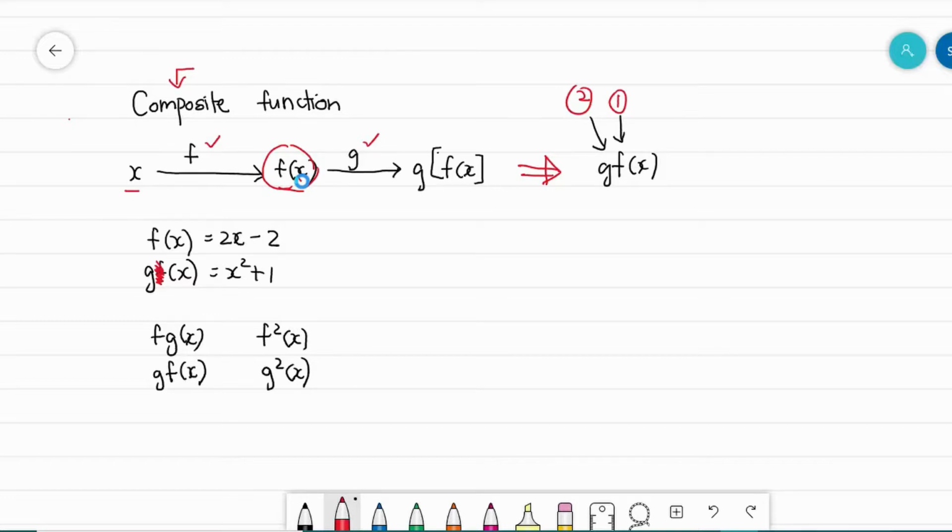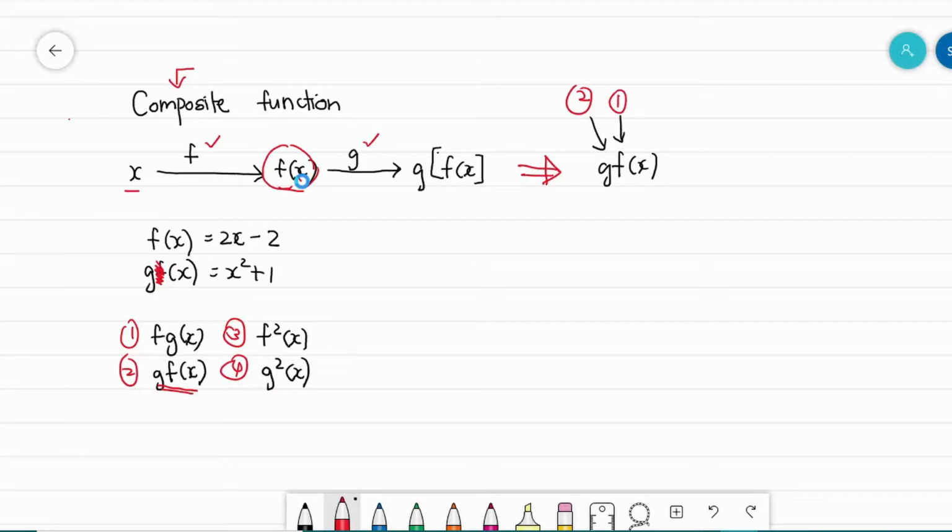They can either ask you to find fg(x), gf(x), f squared x, g squared x, or it can be f squared g squared x. There are multiple combinations in this chapter. Today what I want to discuss is only gf(x), but you should be able to master it once you have watched the video.